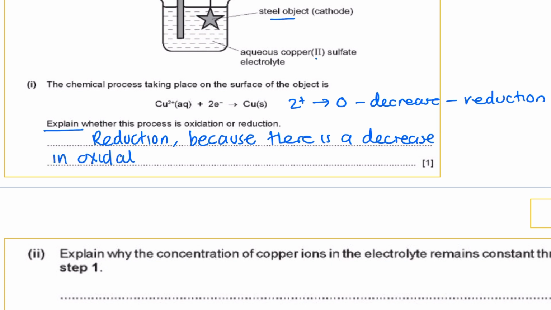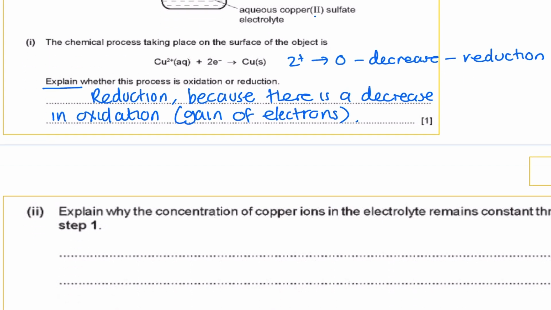You could also use OIL RIG here: reduction is gain, so you could also say gain of electrons. You don't have to put both, but you do get a mark for either or.